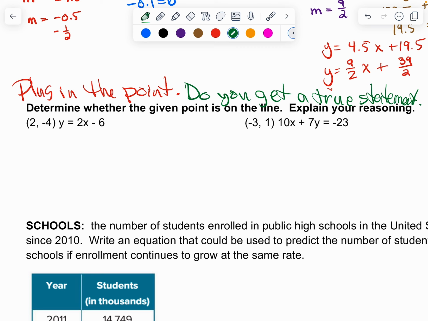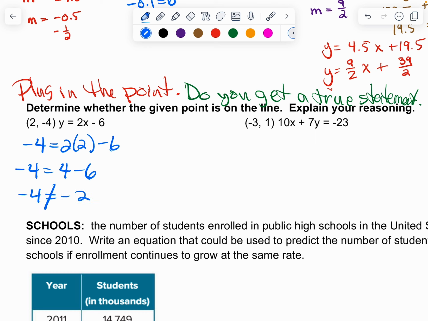Okay, so I'm going to plug it in. I'm going to replace the y, negative 4. I'm going to replace the x, 2, minus 6. Negative 4 equals 4 minus 6. Negative 4 equals negative 2.